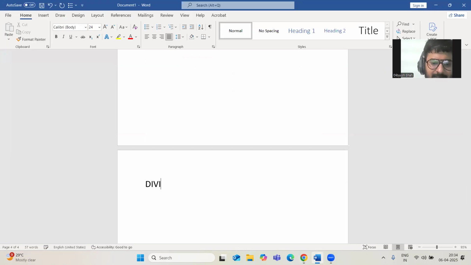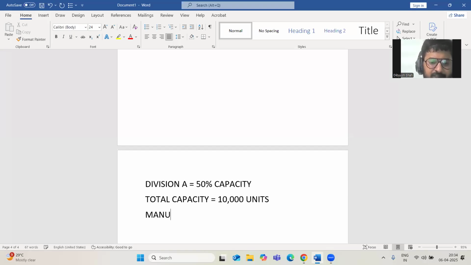They are telling there is a Division A of the company that is currently operating at only 50% capacity. Let's say if total capacity is 10,000 units, they are only manufacturing and selling 5,000 units, 50%.